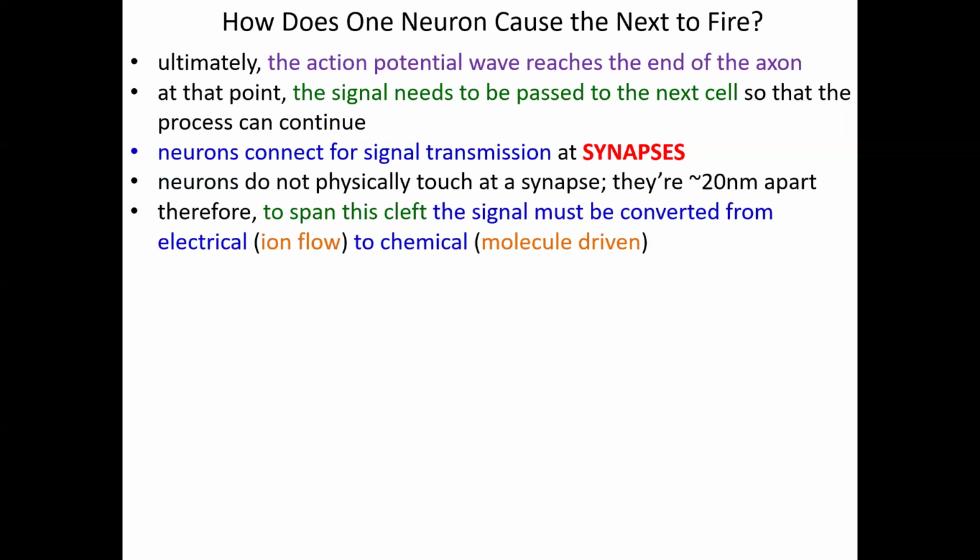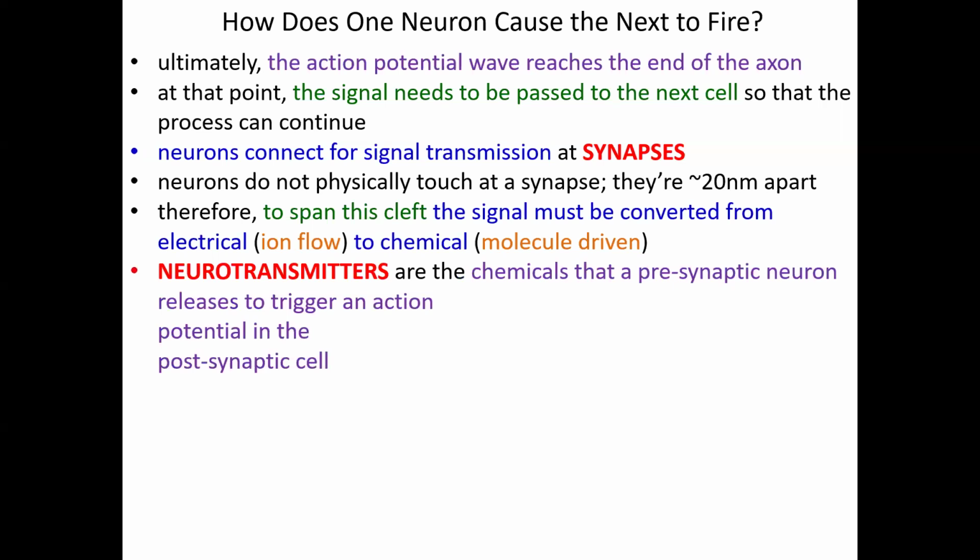To have the information jump that gap and continue to the next neuron, we have to transform the electrical signal that was just in the axon to a chemical signal that can diffuse across the synapse. And the chemical form of a neuronal signal is a neurotransmitter.